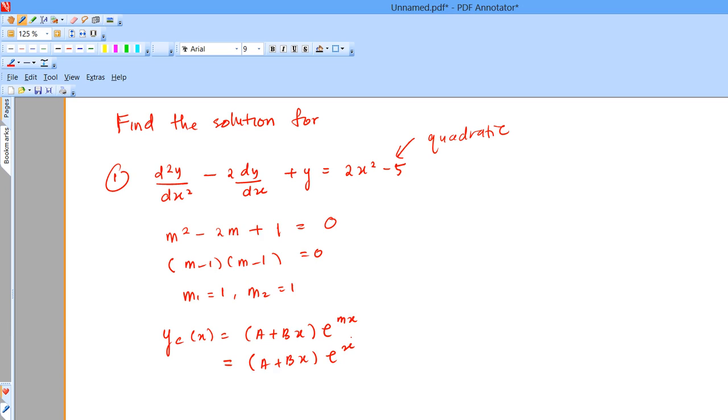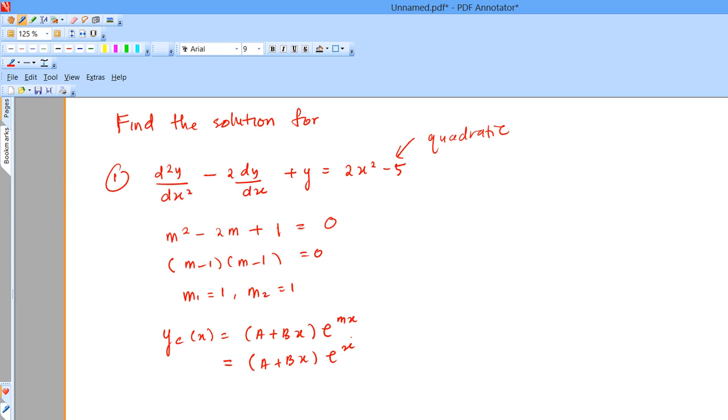So to solve a non-homogeneous differential equation, the first step is to solve for homogeneous. How to solve for homogeneous? You just set the right hand side equal to 0, and we need to find the complementary solution or auxiliary equation. You just let d²y/dx² equal m², dy/dx equal m, and y equal m to the power of 0 or equal to 1.